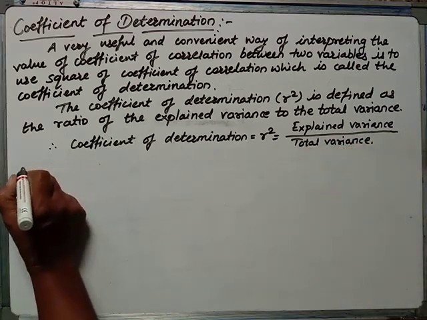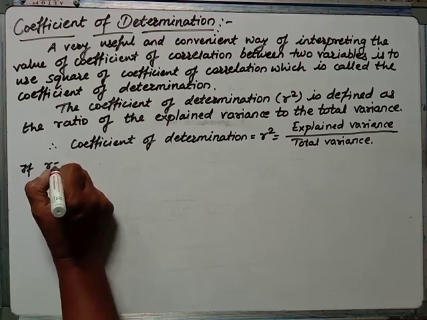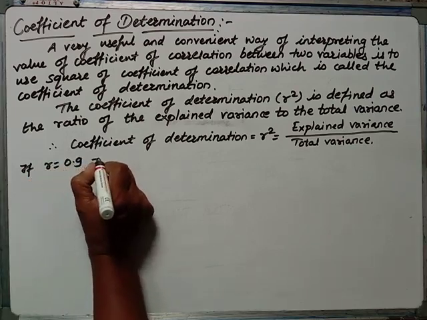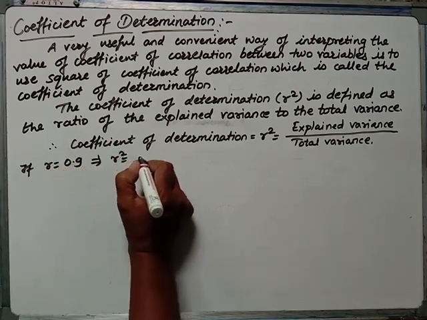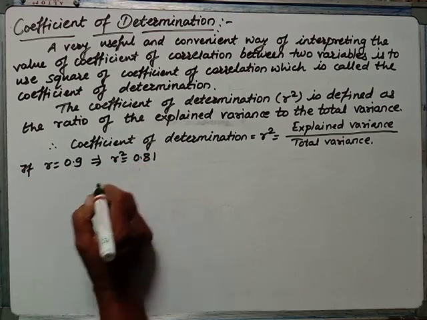Okay. If r is equal to 0.9, that gives r square is what? 0.81, right?